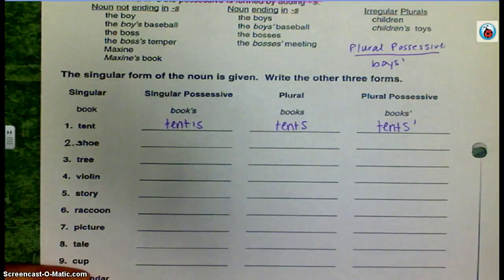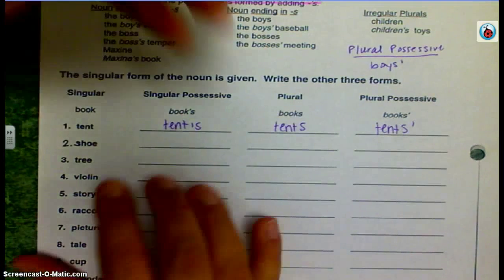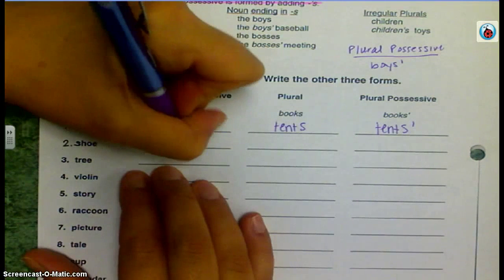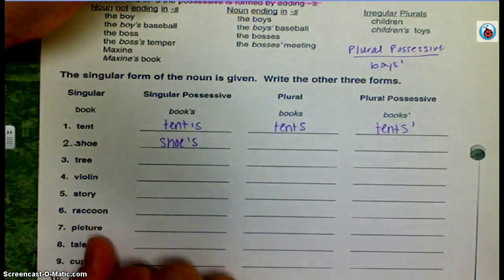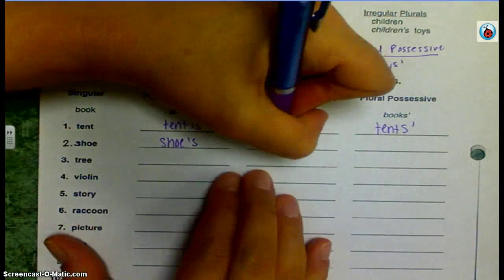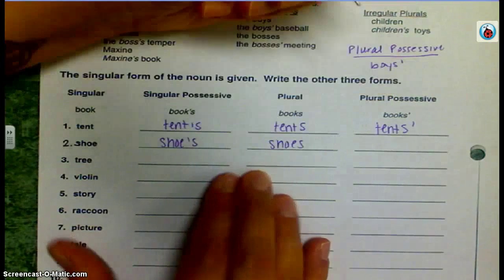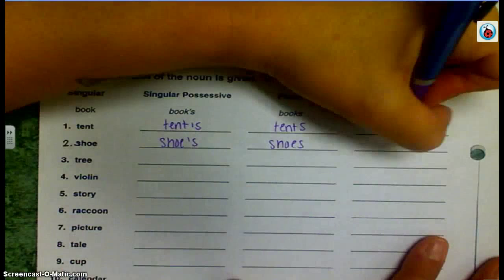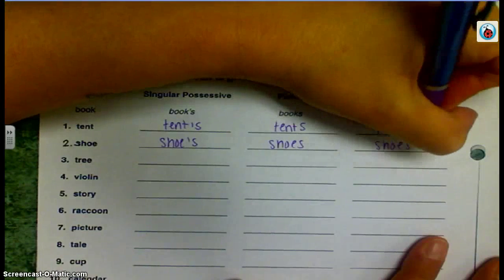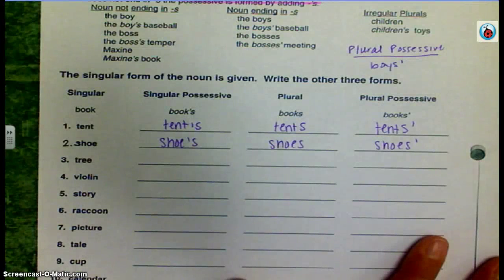Next we have shoe. Singular possessive would be like that. Plural is like that. And then plural possessive would be like that. Even though inanimate objects usually don't have ownership, you could talk about the shoes' laces.